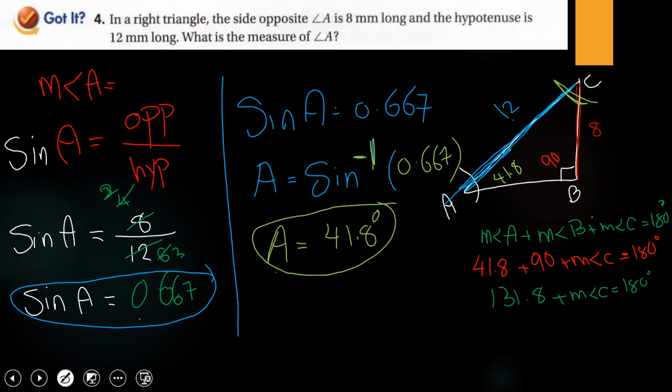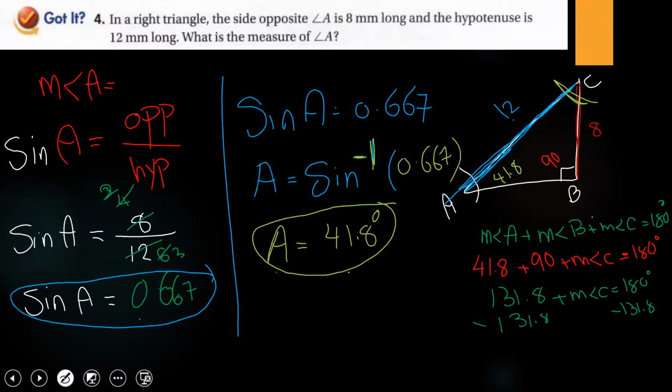Then let's subtract 131.8 from both sides. It equals 48.2. So the measure of angle C will be 48.2 degrees.